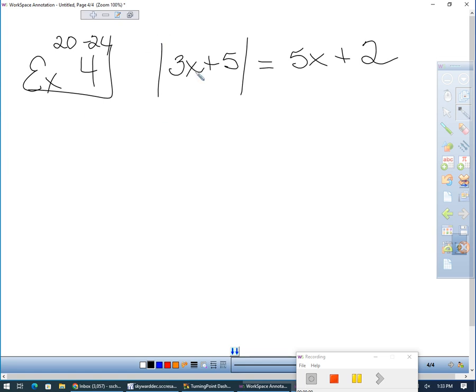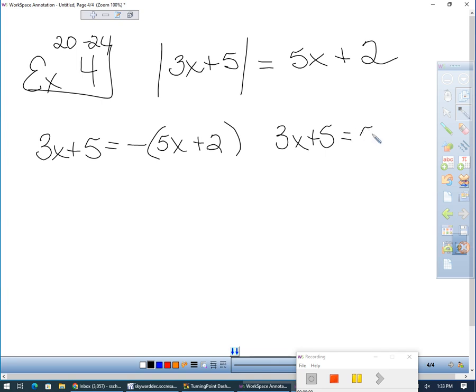The first equation, we drop those absolute values, so we have 3x plus 5 equals the negative of this side, just like we did before. It's just got a little more math going on. Then we have 3x plus 5 equals the positive of that side. Good.